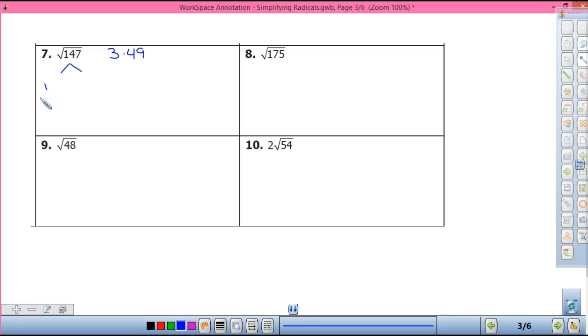Well, no, not 49 squared. Square root of 49. Yep, so let's talk about that. Let's make sure that we're always saying either square root or root. We have to be careful with our vocabulary. So my square root of 49 is 7 root 3.